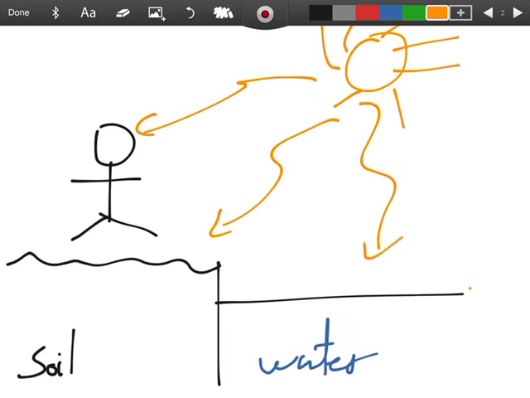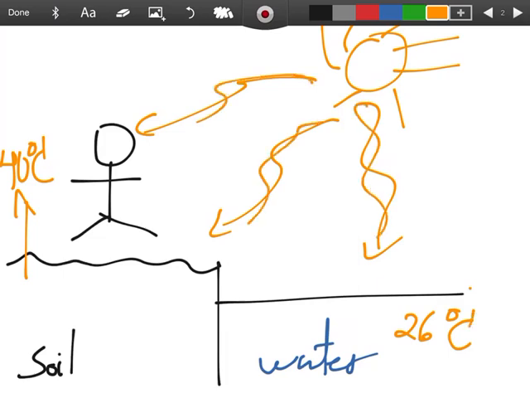So very well, Dr. Sticks was talking to me about this topic, right? And he told me, hey, I need a little bit of help because I don't understand the fact that the soil is at 40 Celsius, and the water here is at 26 Celsius. So he's a little bit confused because the irradiation is the same, right?